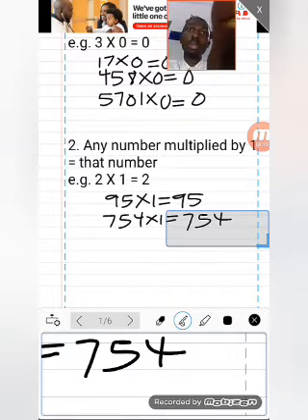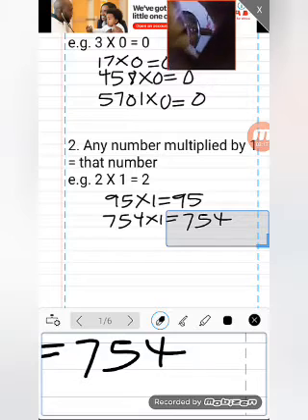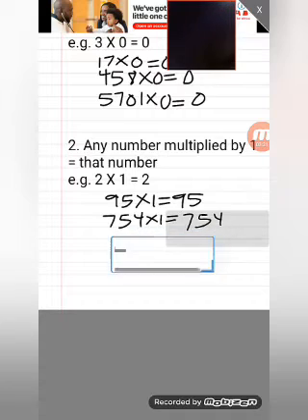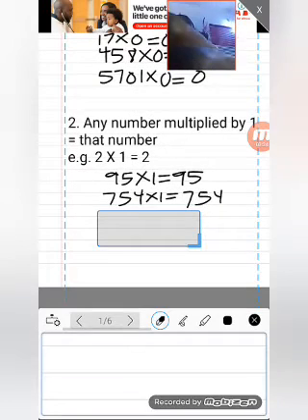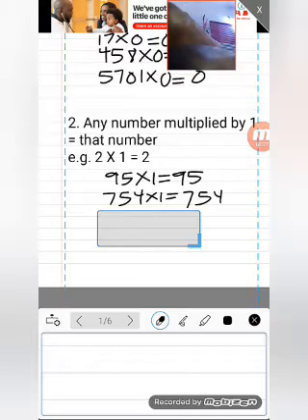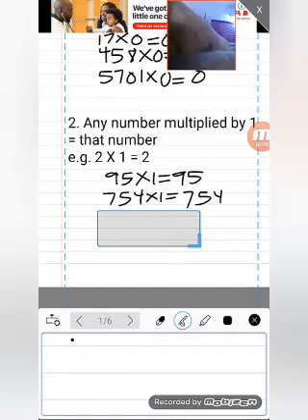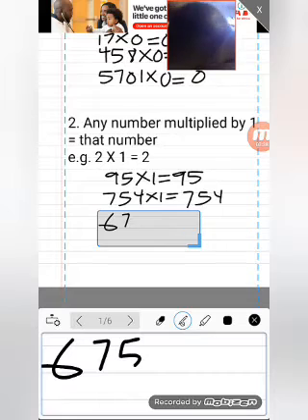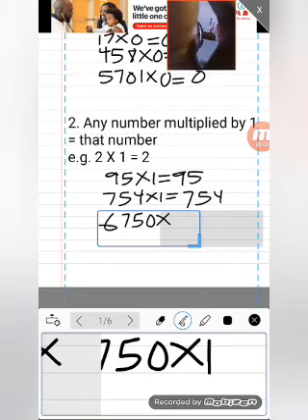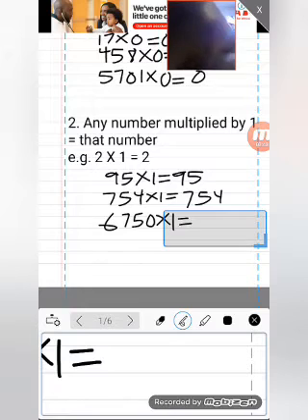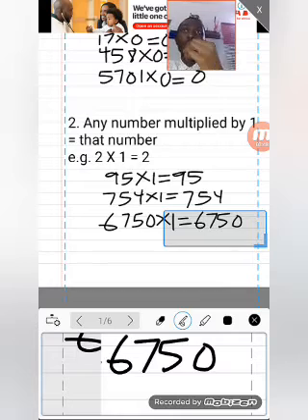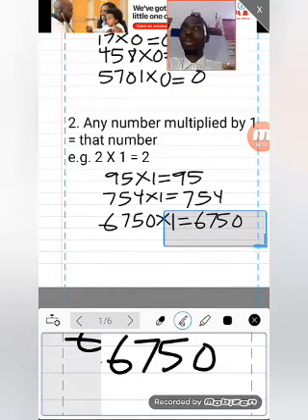I believe you know this, but this might be like a revision. So any number multiplied by 1 would give you the number. Let's even say maybe 6,750 times 1 would still give you 6,750.